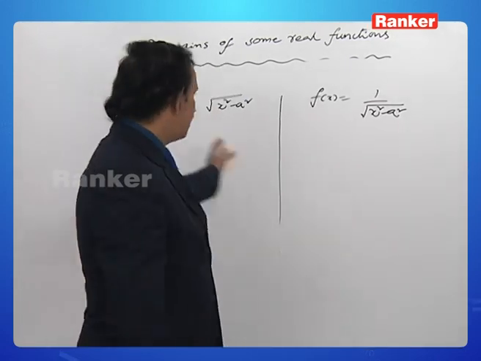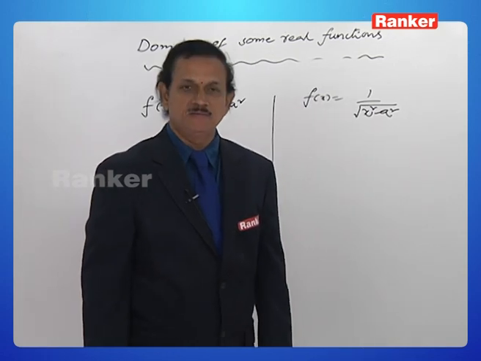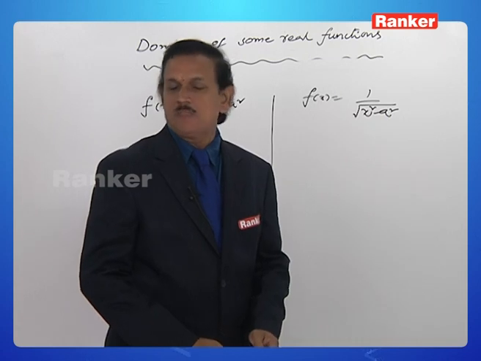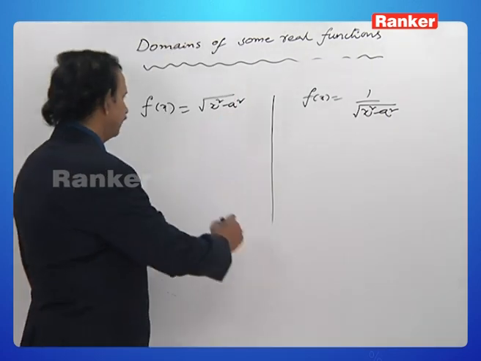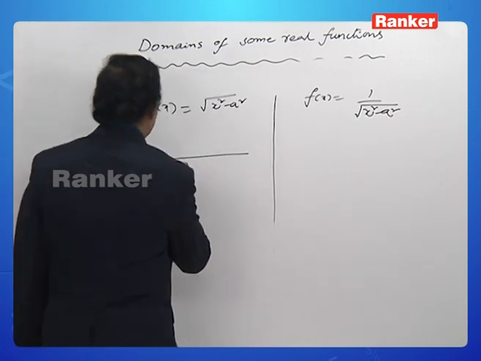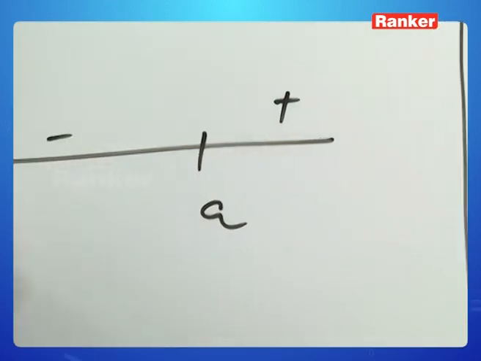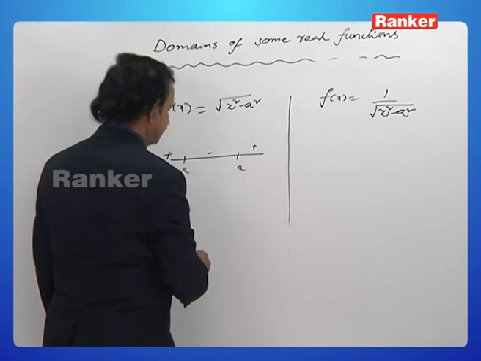What is the domain of f of x is equal to root x square minus a square? To define it, we must have x square minus a square greater than or equal to 0. That is, x minus a into x plus a greater than or equal to 0. Therefore, by observing the sign technique here, positive, negative, positive, we should have a positive answer for x square minus a square.